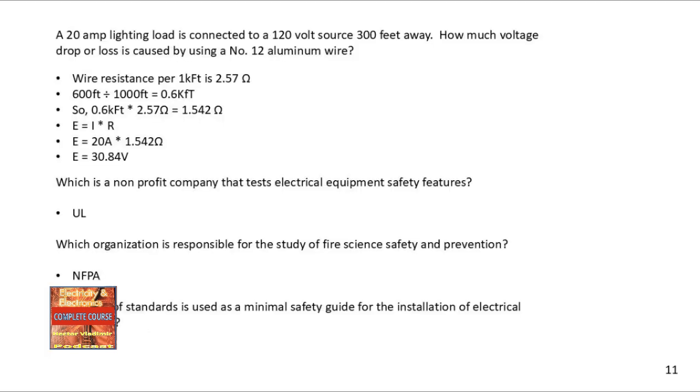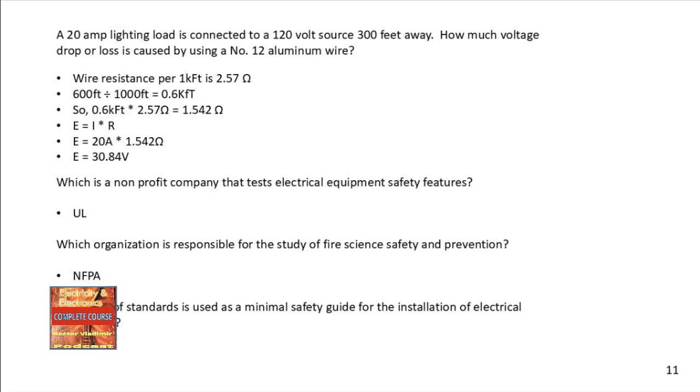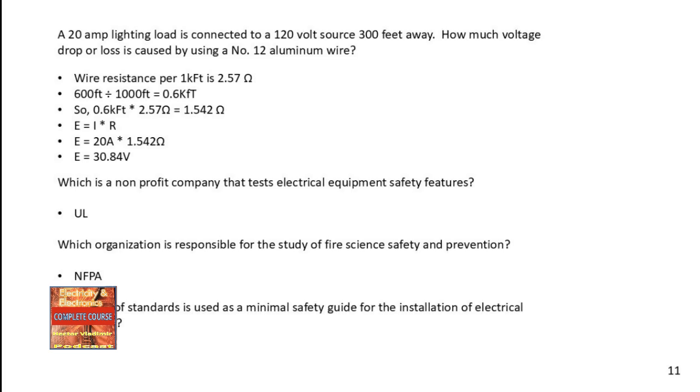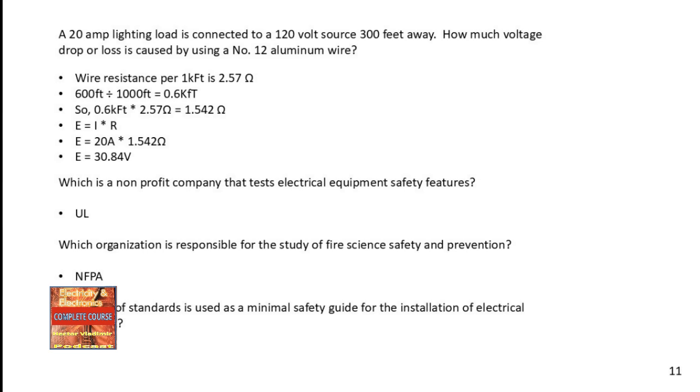A 20 amp lighting load is connected to a 120 volt source 300 feet away. How much voltage drop or loss is caused by using a number 12 aluminum wire? The wire resistance per 1,000 feet is 2.57 ohms. But we do not have 1,000 feet. We only have 300 feet. Again, we have to double the 300 to get the true voltage drop.